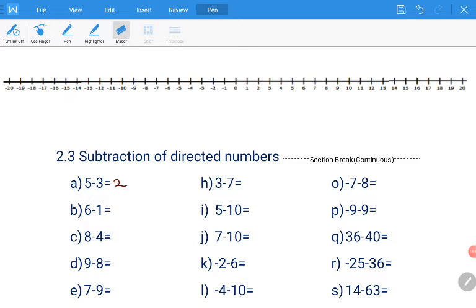So again on our number line, we go to position number 9. Then we move 8 places to the left. So it's 1, 2, 3, 4, 5, 6, 7, 8. So here the answer is 1. 9 minus 8 is 1.